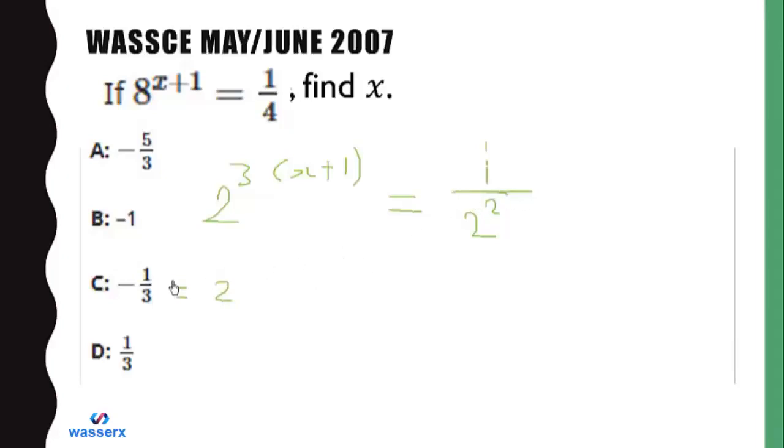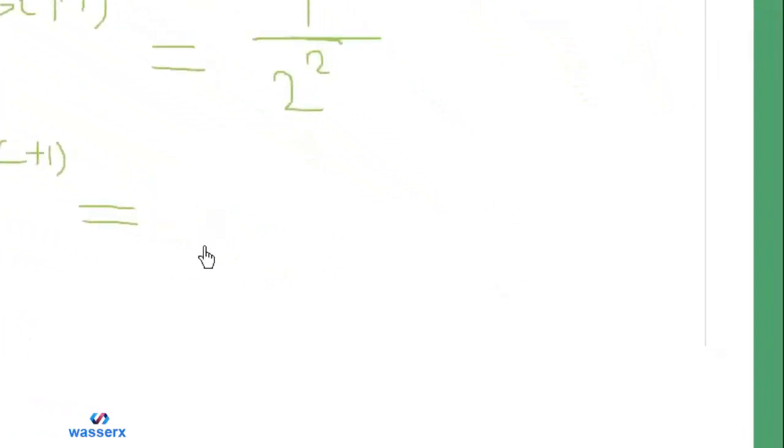This will give us 2 to the power 3 into bracket x plus 1 is equal to, now use that law, so we write this as 2 to the power negative 2.